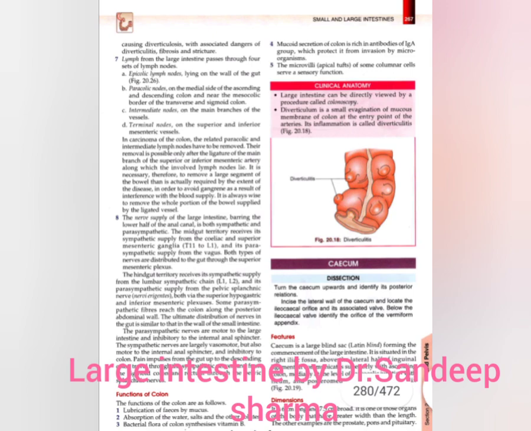It is situated in the right iliac fossa above the lateral half of the inguinal ligament. It communicates superiorly with the ascending colon, medially at the level of the cecocolic junction with the ileum, and posteromedially with the appendix.